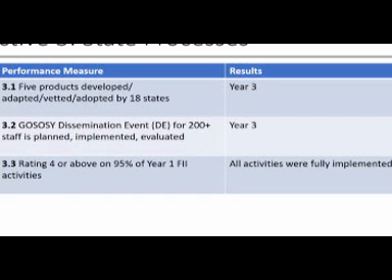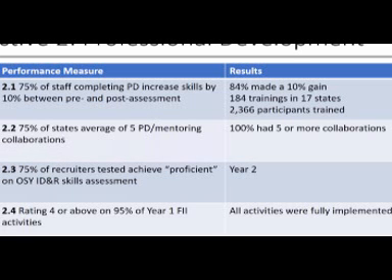So we want each state to use at least 5 products from the consortium by year 3. Those are going to include things like the mental health lessons and the professional development pieces that are online. So any of the new products that GOSOSY has put together for year 3, or over the 3 years, will be included in a list of those possible products.